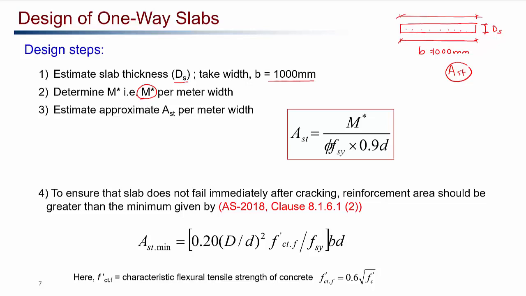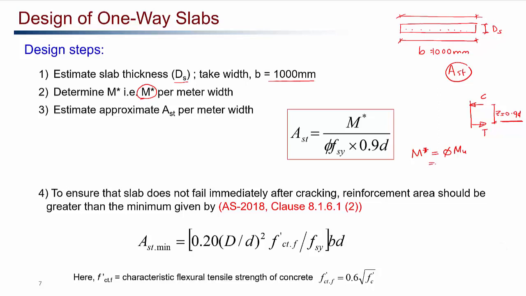So we'll be finding the area of reinforcement that has to be distributed throughout this width of the slab. To estimate the area of reinforcement, we'll assume that the lever arm, that is the distance between the tension force and the compression force in this slab, is Z equals 0.9 D. Using the same equation as we did for the beam, we can estimate the design moment capacity using M star equals phi Mu.